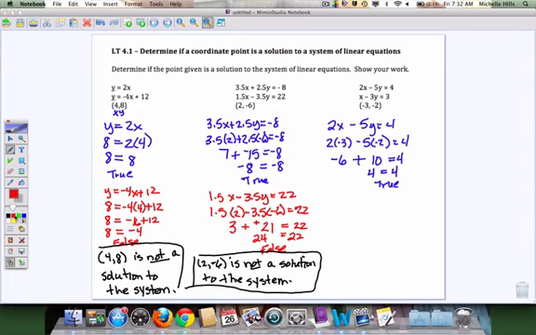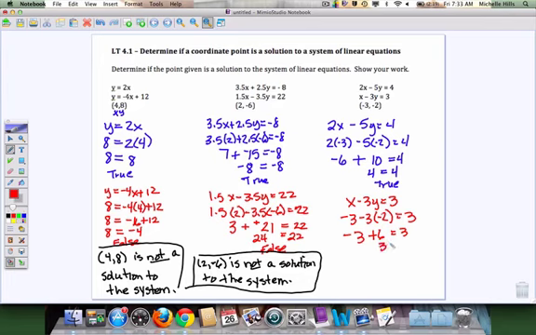Now, to see if it's on the second line, I'm going to start with my x minus 3y equals 3, and I should have left you enough room on your paper to write all of this work. So negative 3 is my x value minus 3 times negative 2 is my y value. So negative 3, and then I'm going to treat this as plus negative 3 times negative 2. Well, that's a positive 6.